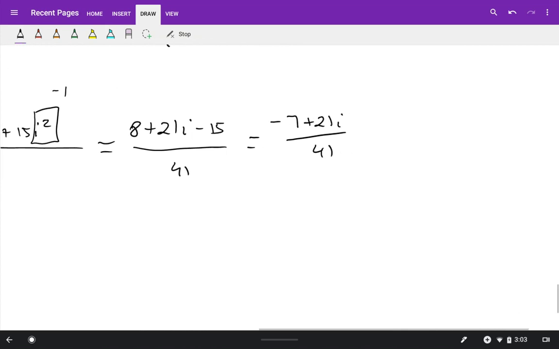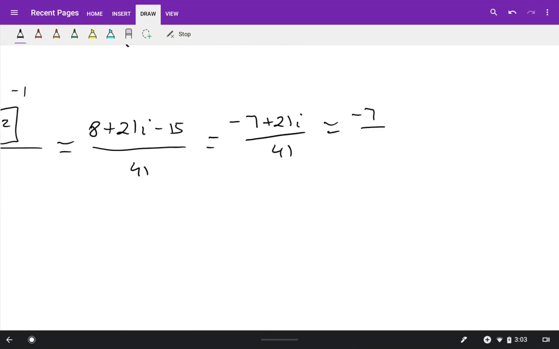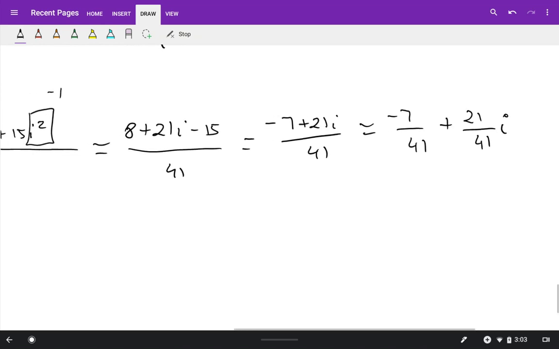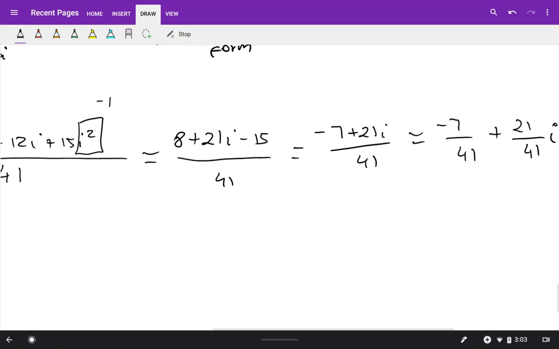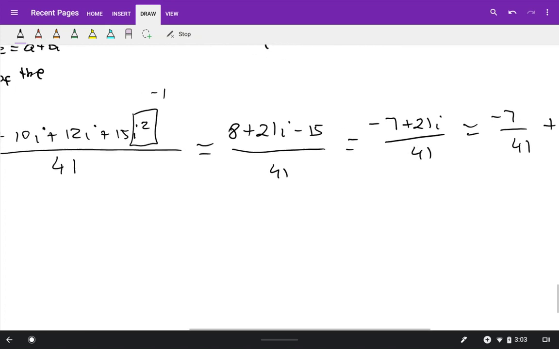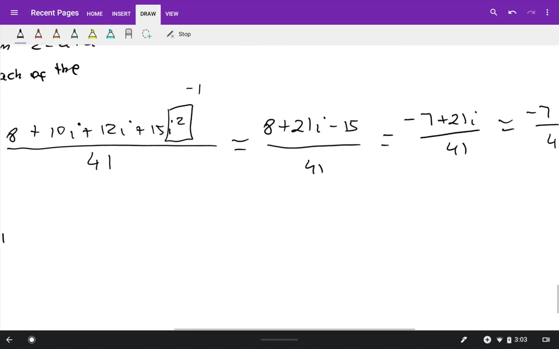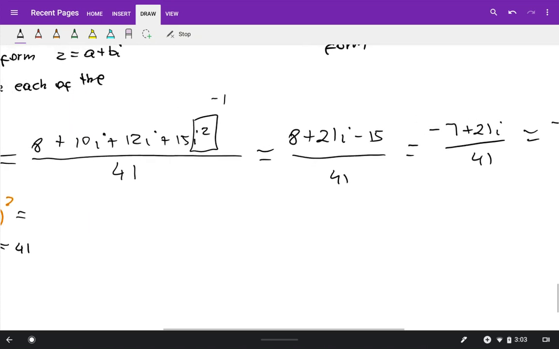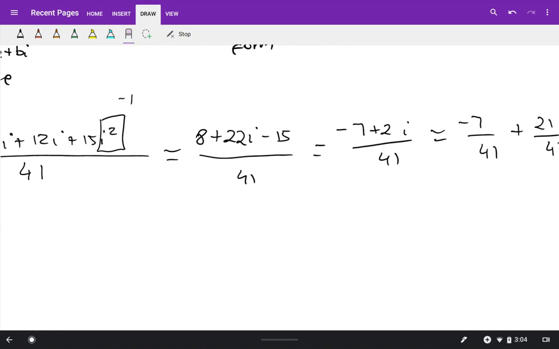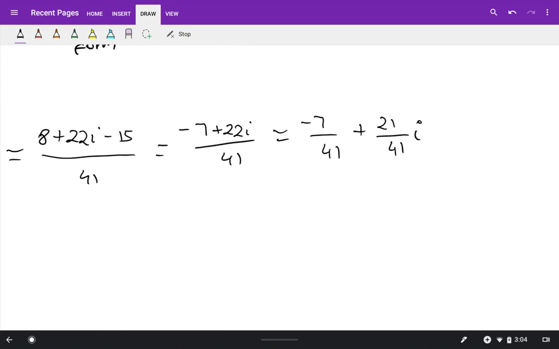And now what you're going to do, split into two fractions. So -7 over 41 plus 22 over 41i.